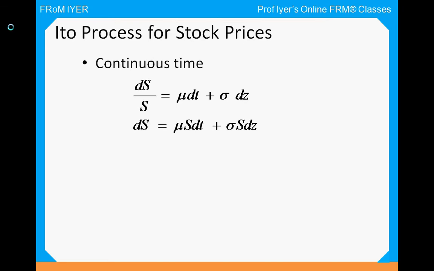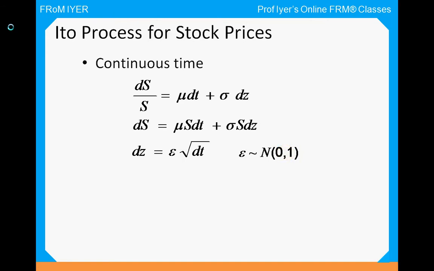We could also write this equation as ds is equal to mu s dt plus sigma s dz. We have only taken the s on the denominator of the left side and taken it to the numerator on the right side. Now dz we know from the Wiener equation is epsilon into root of dt, where epsilon is a z value from a standard normal distribution with mean 0 and standard deviation 1.